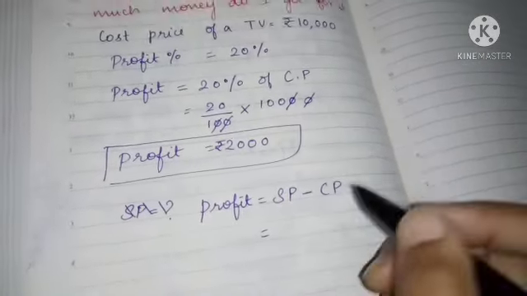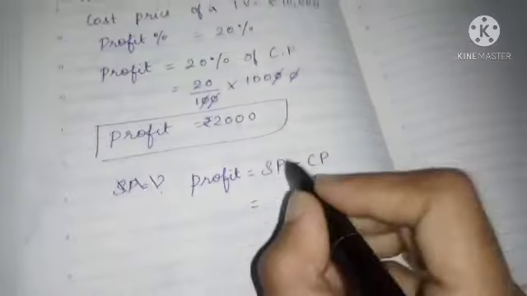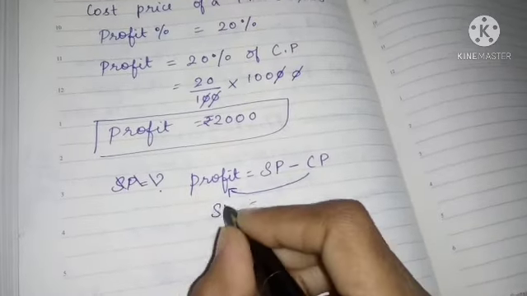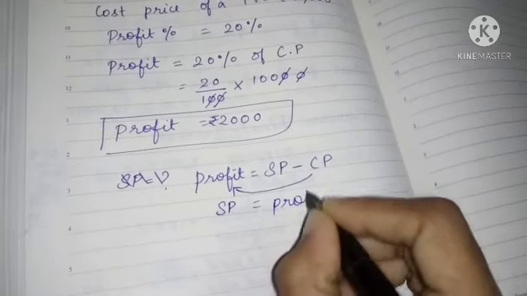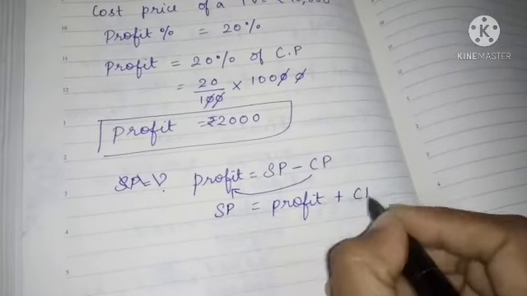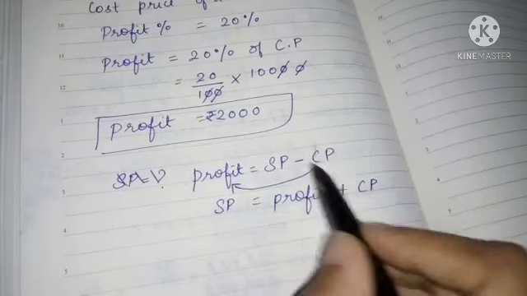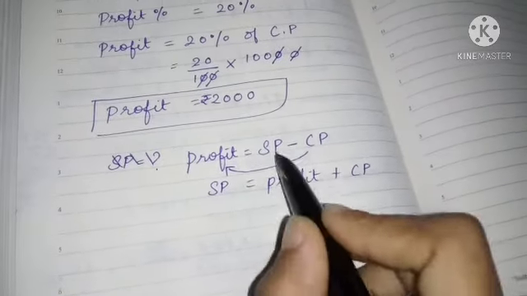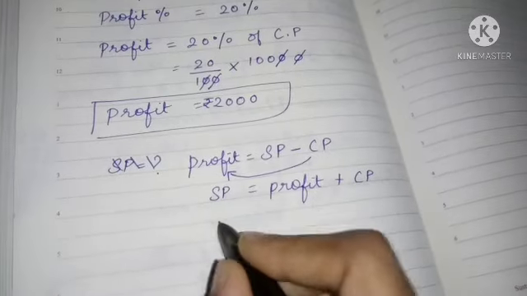What is the selling price? We don't know. But if we want to find the selling price, I bring the cost price to the other side. So selling price is equal to profit plus cost price. See, minus cost price, when it goes to that side, becomes plus cost price.